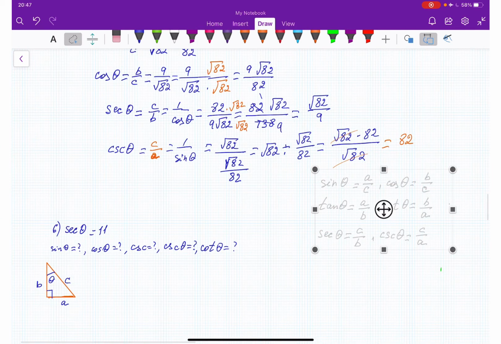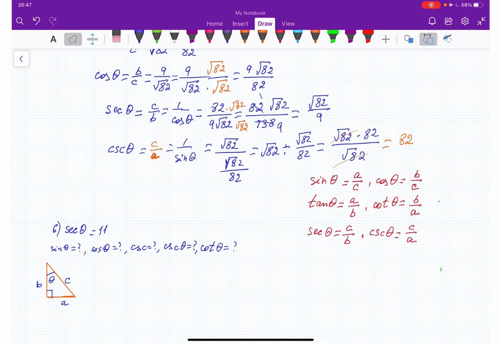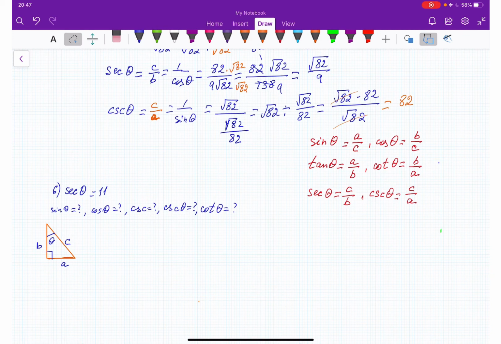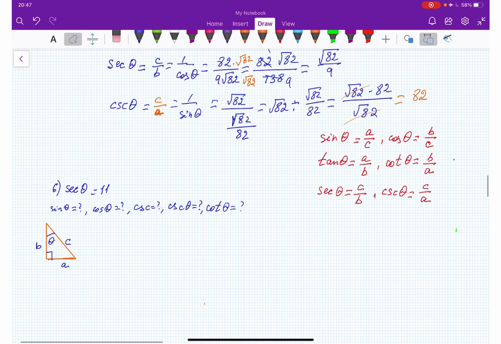Okay. So, based on the definition of secant, secant theta is equal to C over B. Okay, C over B, which is equal to 11, or I can write down 11 over 1.